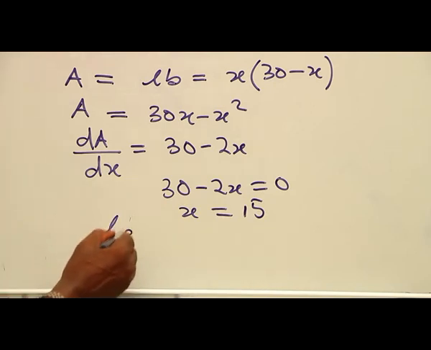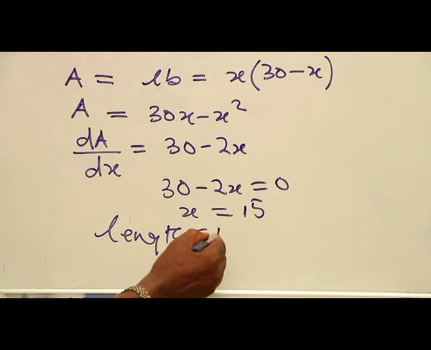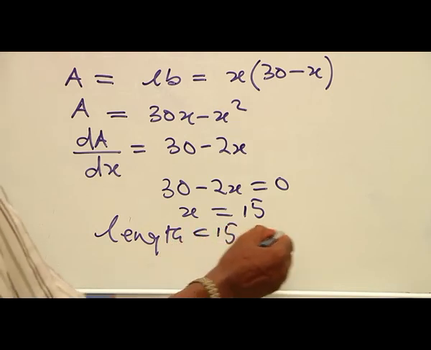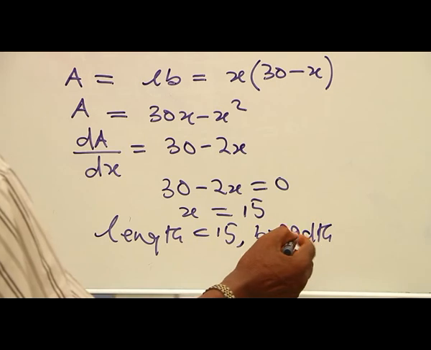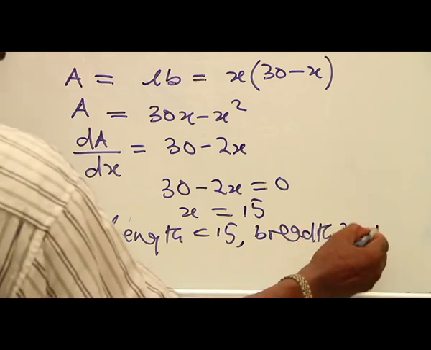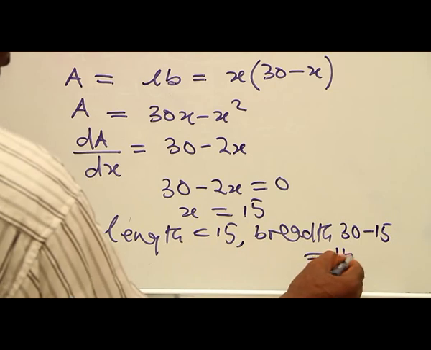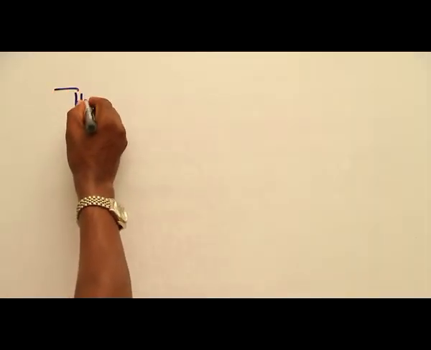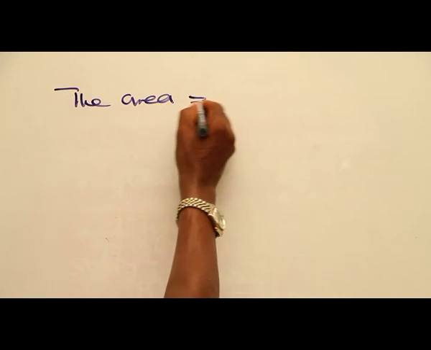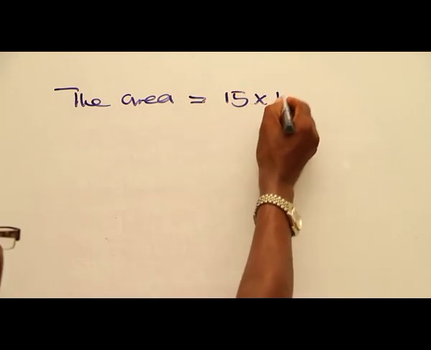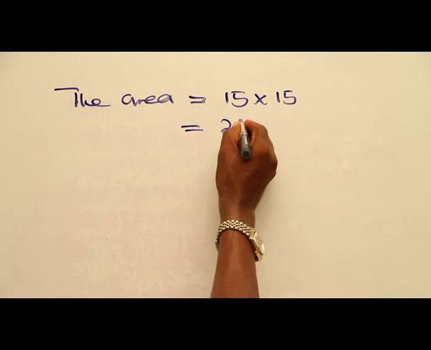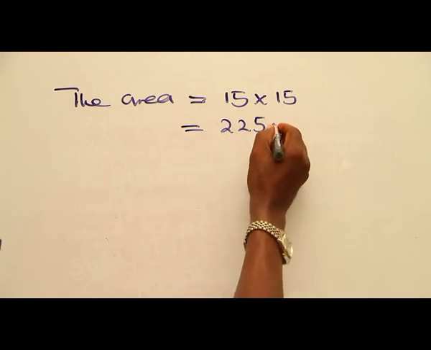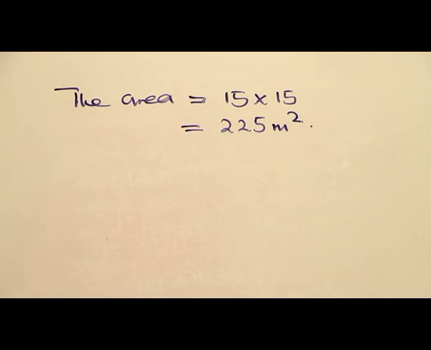So the length is equal to 15, and the breadth is 30 minus x, which is 30 minus 15, also equal to 15, giving a special rectangle which is a square. The area, therefore, is 15 times 15, and that is 225 meters squared.